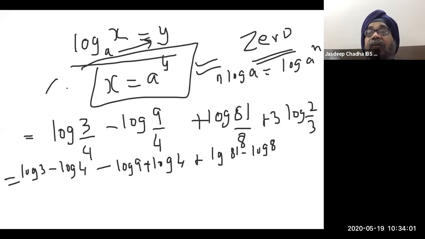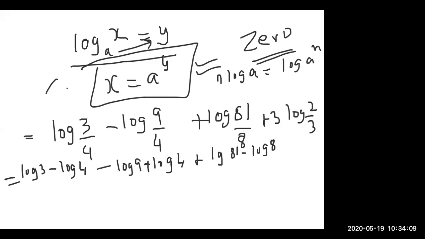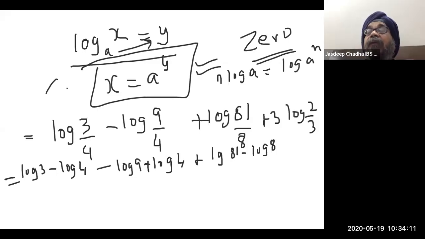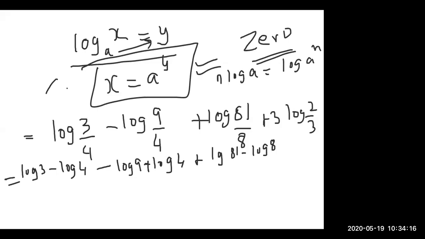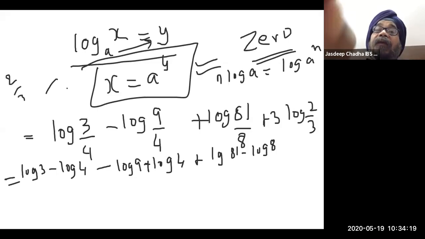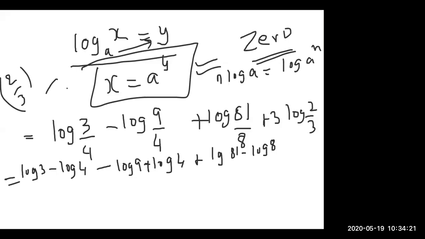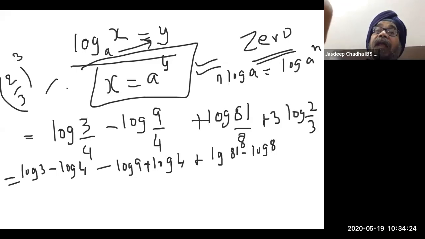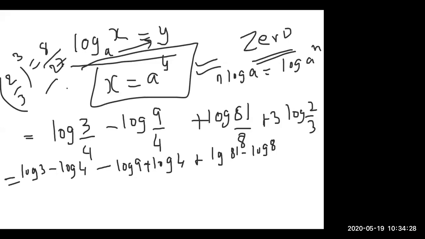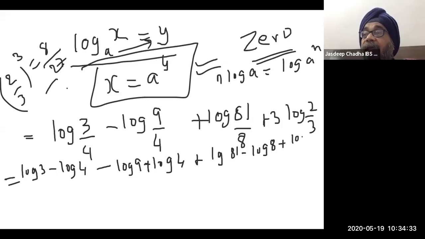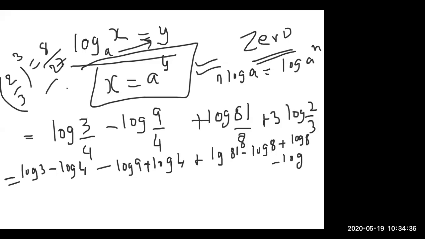So the numerator becomes 2 cubed, which is 8, divided by 27. So it will be plus log 8 minus log 27. Correct?